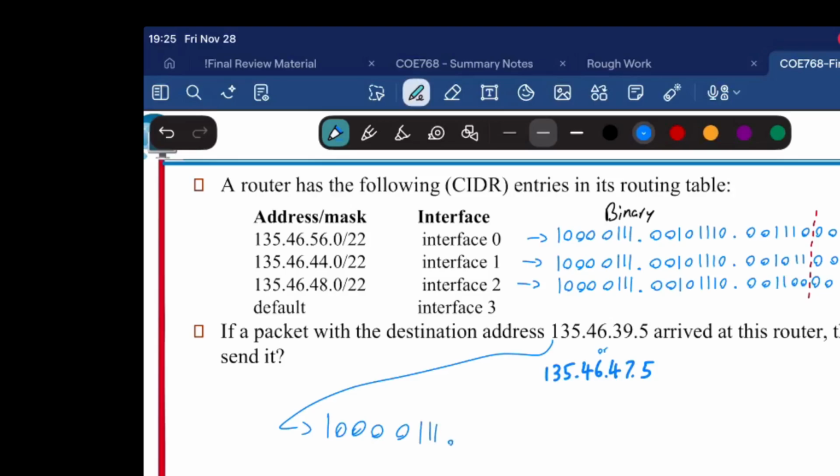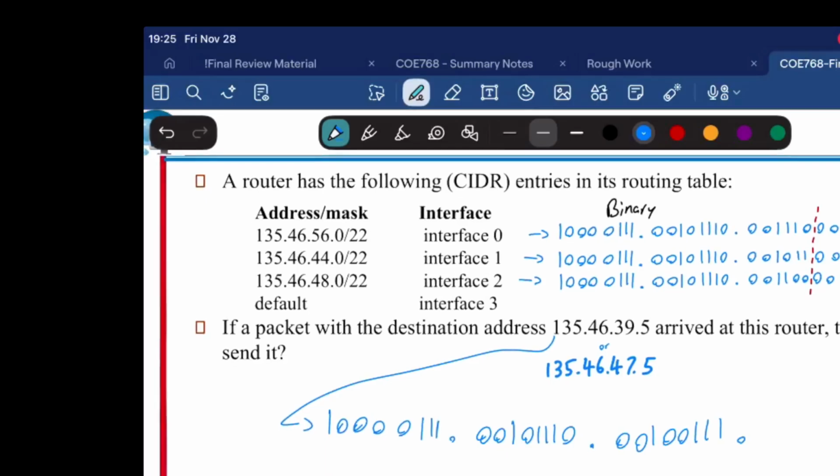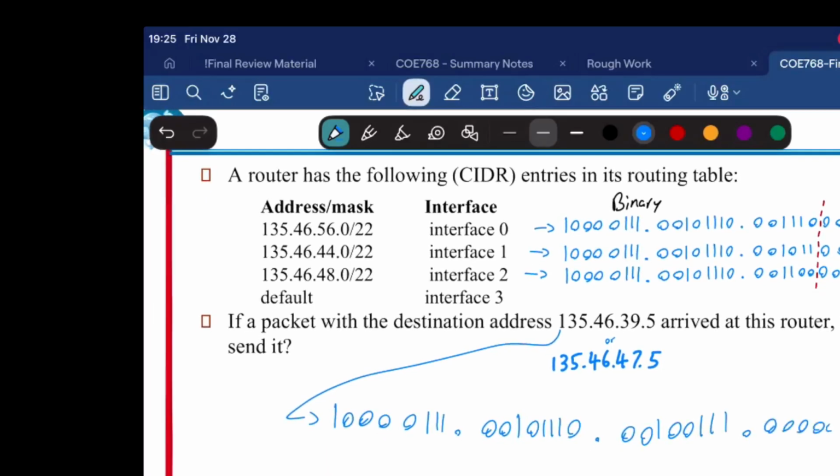And then we have 46, which is 001, and then this last one, which is 39, and then last is dot 5.